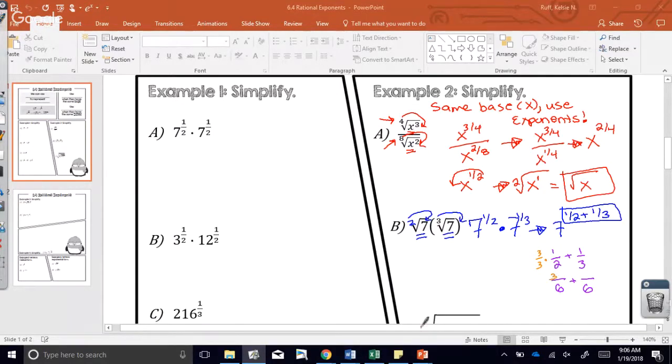This becomes 3/6. 3 becomes a 6 by multiplying by 2, so it becomes 2/6. 3/6 plus 2/6 becomes 5/6. So I now have 7 to the 5/6. But again, just like the problem above, since they gave us the problem in radical form, we've got to rewrite it in radical form. So the denominator now comes back and becomes the index. So my final answer is the 6th root of 7.